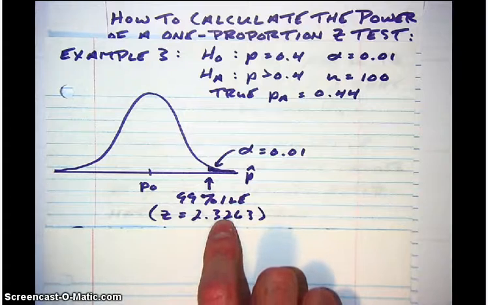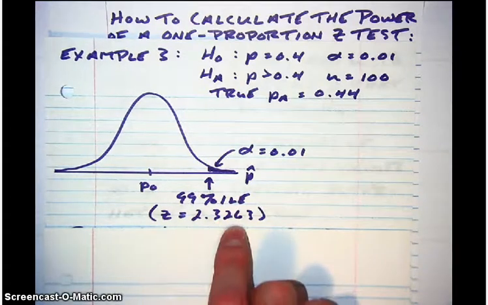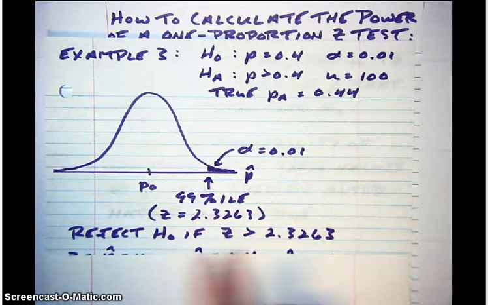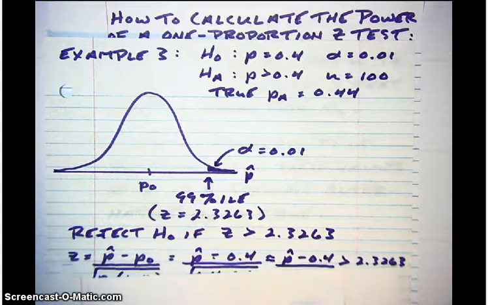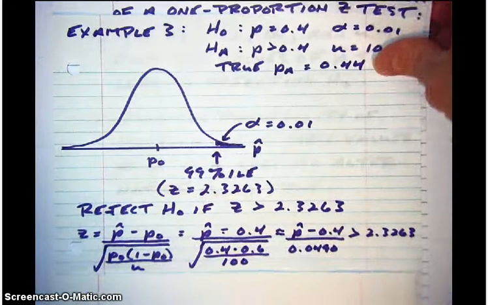Now we're interested in calculating the power, so we want to find the probability of getting a z-statistic this big or bigger that would allow us to reject the null. I'm going to reject the null if we get a z-statistic that's bigger than 2.3263. And to figure out what value of p-hat corresponds to that, I'm going to basically unstandardize.